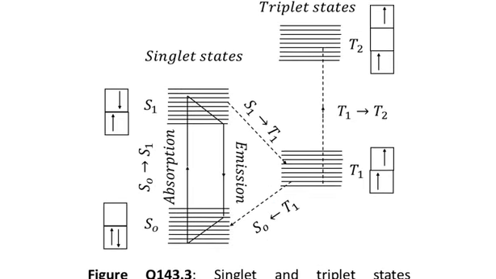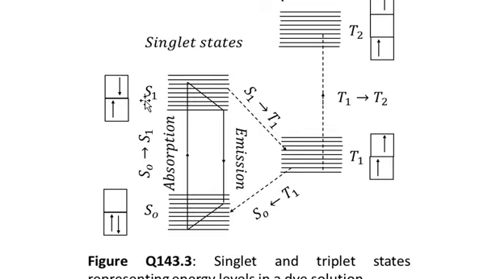So you see that the vibrational states in the singlet state S1 will decay to its lowest vibrational state through collisional deactivation, and this will be a non-radiative decay. That is, the photon will not be emitted in this decay when these vibrational relaxations occur from the higher vibrational level to the lowest vibrational level of the singlet state S1.